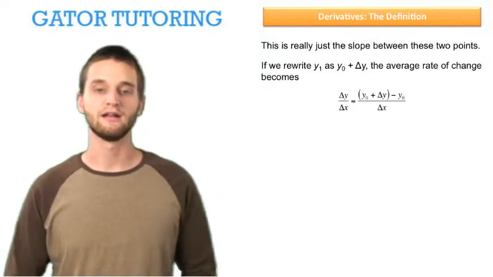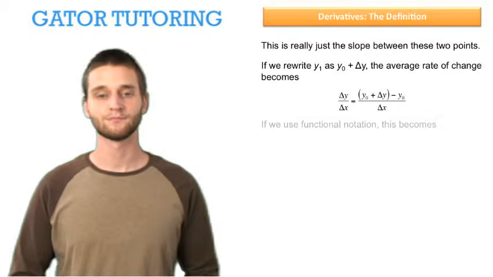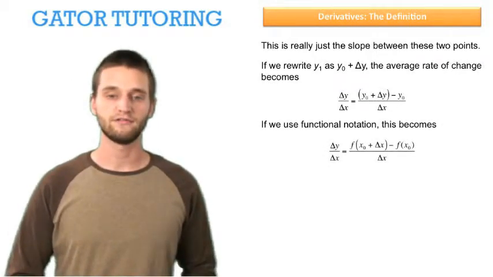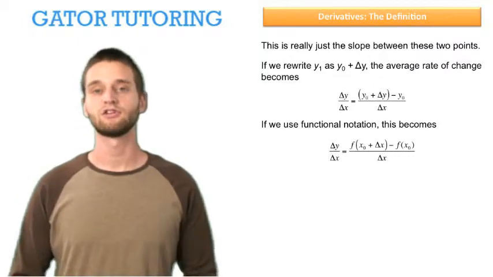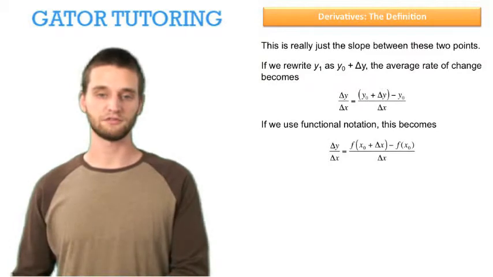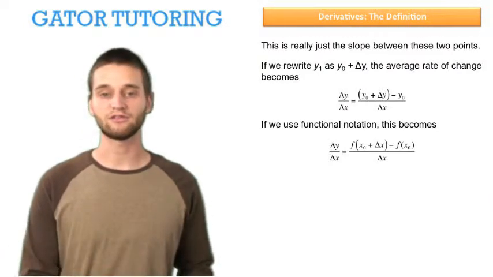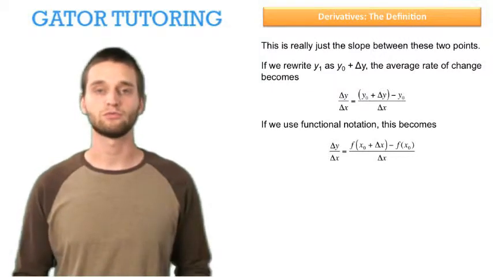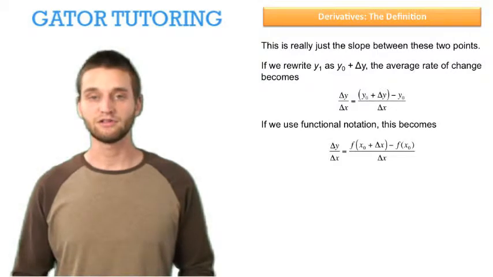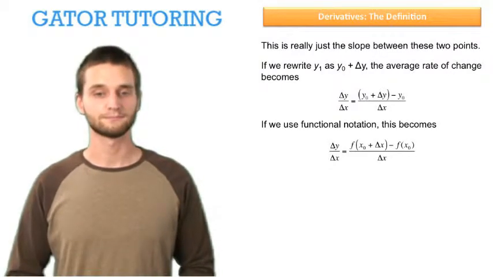So we're just rewriting the average rate of change that we had from the previous slide. If we use functional notation, this becomes f of x0 plus delta x, because f of x0 is just y0, and f of x0 plus delta x is just y0 plus delta y, minus f of x0, because again, f of x0 is y0, and that's all over delta x.